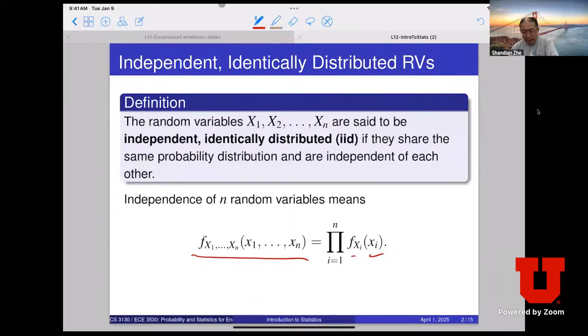Then we say x1 through xn are IID. That's why in many statistical textbooks they say, okay, assume a set of IID random variables. This is where the short name IID comes from. Any questions regarding the definition? Okay.